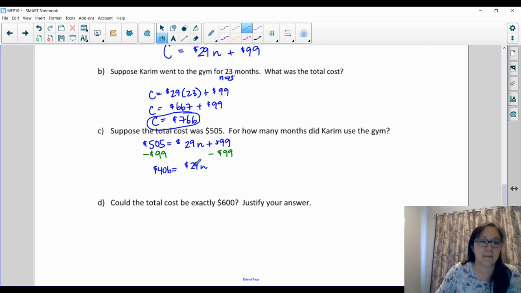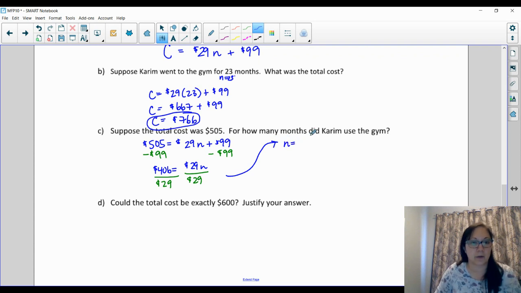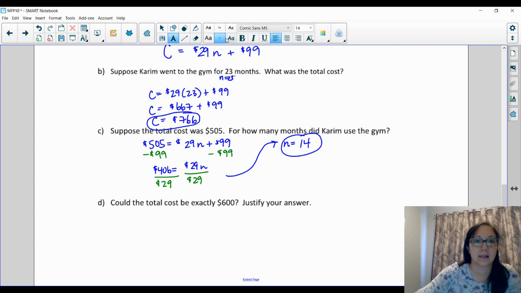So 29 times something equals 406. To figure that out, I'm going to divide 406 by 29. Of course, I'm technically doing that to both sides of my equation to find a final answer. And my n value is going to be 406 divided by 29, which is 14. So again, we should probably answer both of these in complete sentences because they were word problems.